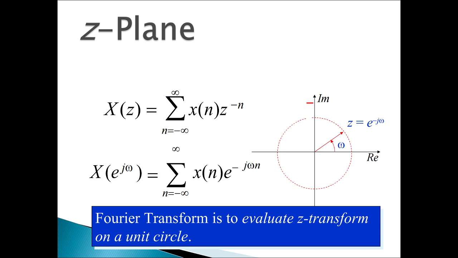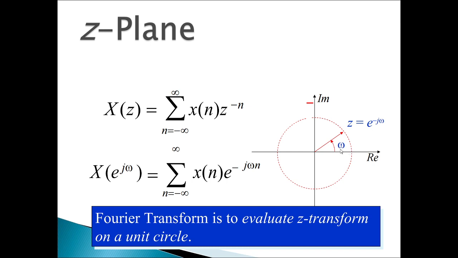In the case of Laplace transform, the range of values of s, because the Laplace transform gives the signal in the s domain. Here, it is the range of values of z for which x of z converges, called the region of convergence.